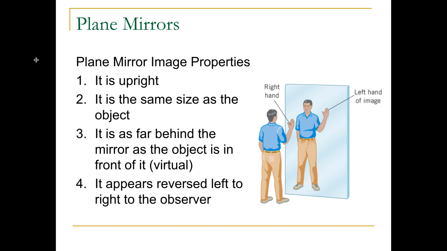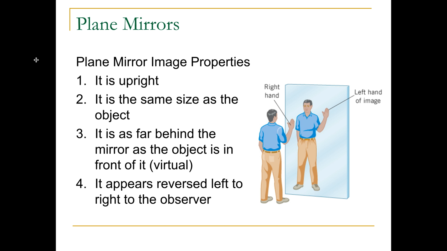So if we look at this picture, here we have someone raising their right hand. And you can imagine if that person turned around, so they were facing sort of us, their right hand would be on the other side of their body when they do a 180-degree turn. So here the person in the image appears to be raising their left hand. So you might think, all right, it's reversed.